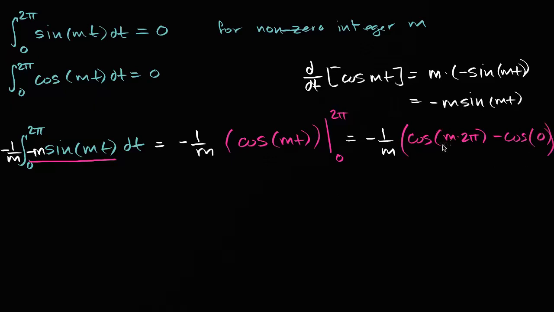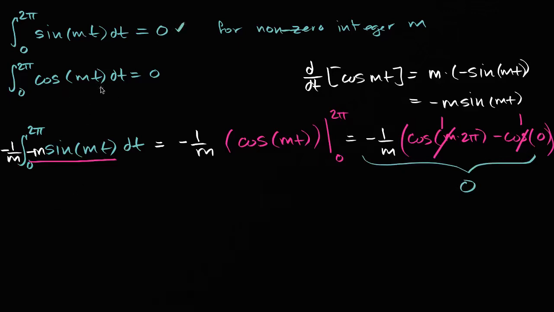Cosine of any multiple of 2 pi is just going to be 1, and cosine of 0 is also 1. So you have 1 minus 1, which is 0, times negative 1 over m. This is all going to evaluate to 0, which is the result we wanted. So we have just proven that first statement.